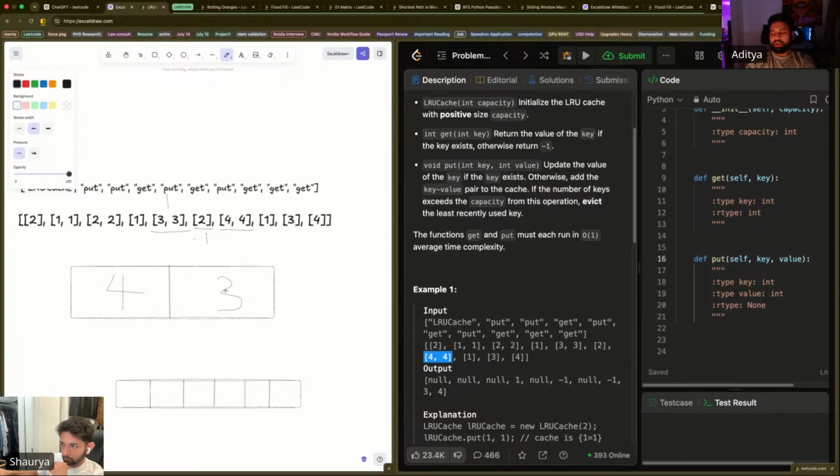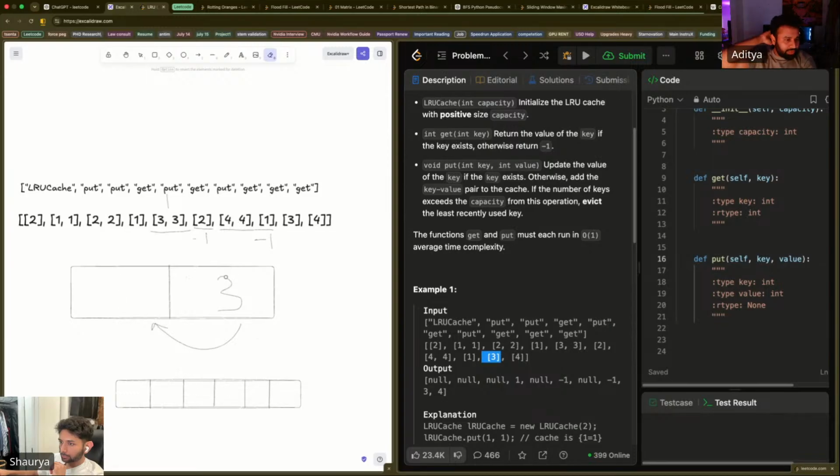Yeah, that's what I was trying to understand. Now it's saying get the key of 1, which is going to be -1 again because 1 is not existing anymore. Now it says get 3, so it's going to access 3 and return 3. Now it has become most recently used, so it's going to go here again.